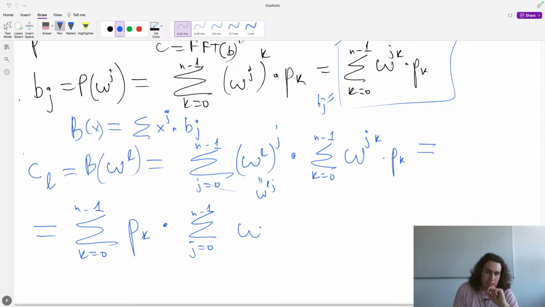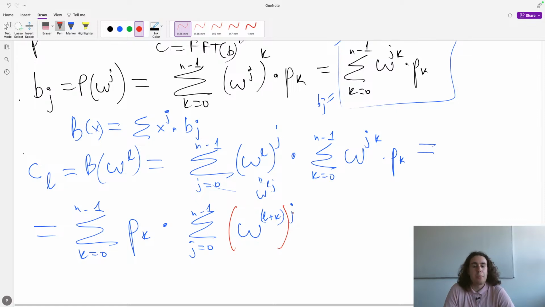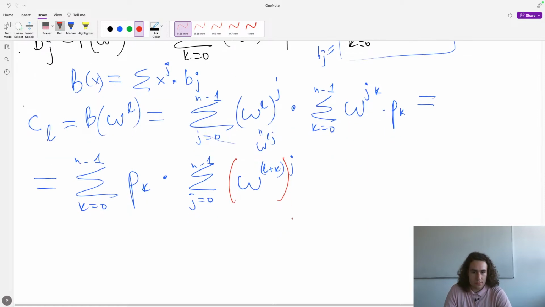So in total, it's omega to the (l plus k)j. Or in other words, you can write it as omega to the l plus k, to the power of j. And I want to say that at the end, this is just pk, like n minus l basically, the inverse index, times n.